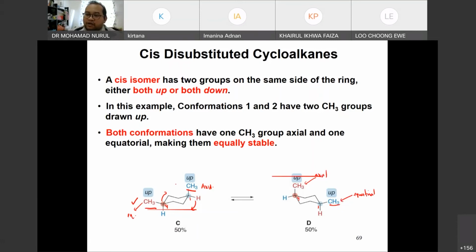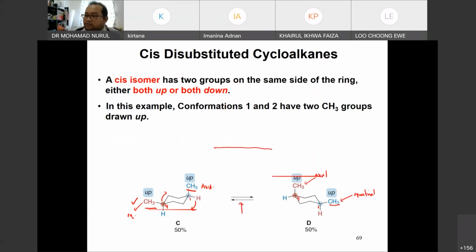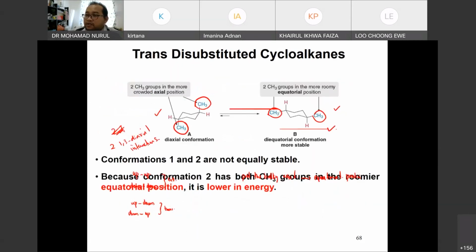This one also has a 1,3 diaxial interaction. So they are equally stable, no difference at all. That's why we're using this kind of arrows compared to this one.